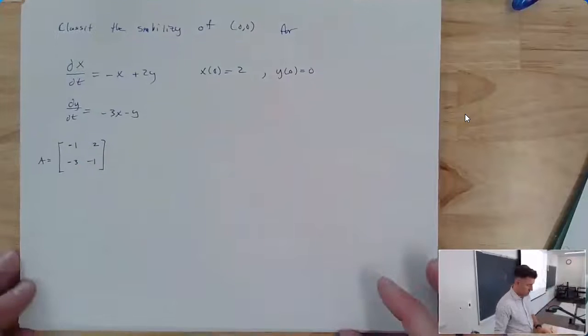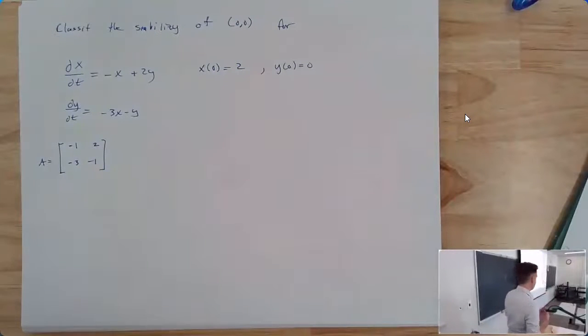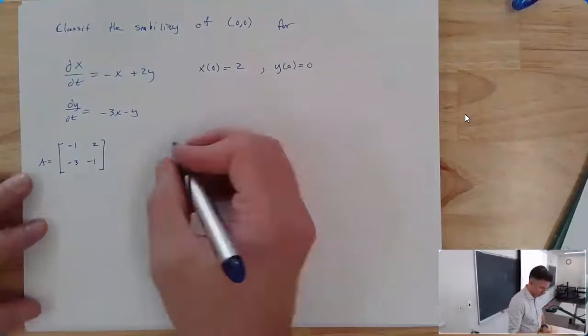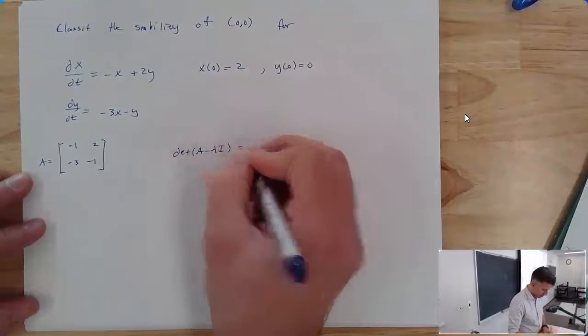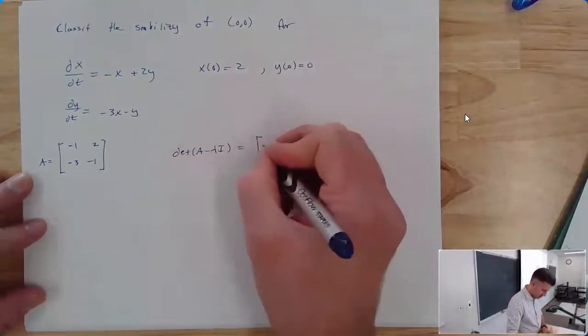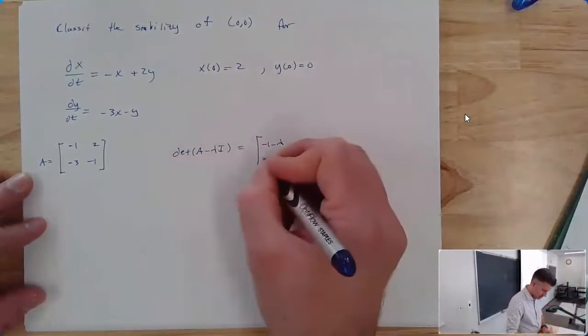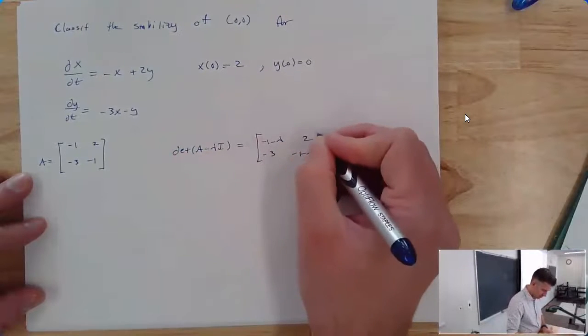So I'm going to keep hitting you with the trace-determinant method just because I think it's worthwhile, but we'll look at this both ways. So the determinant of A minus lambda I: you get negative 1 minus lambda, 2, negative 3, negative 1 minus lambda.